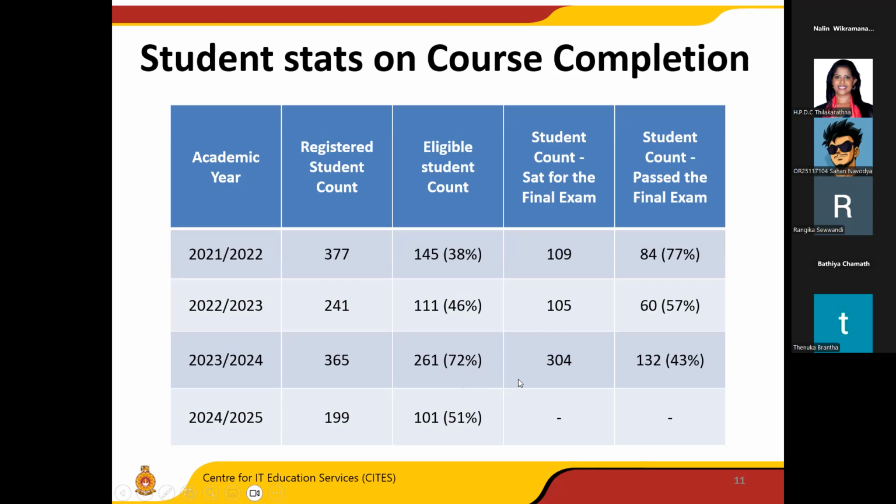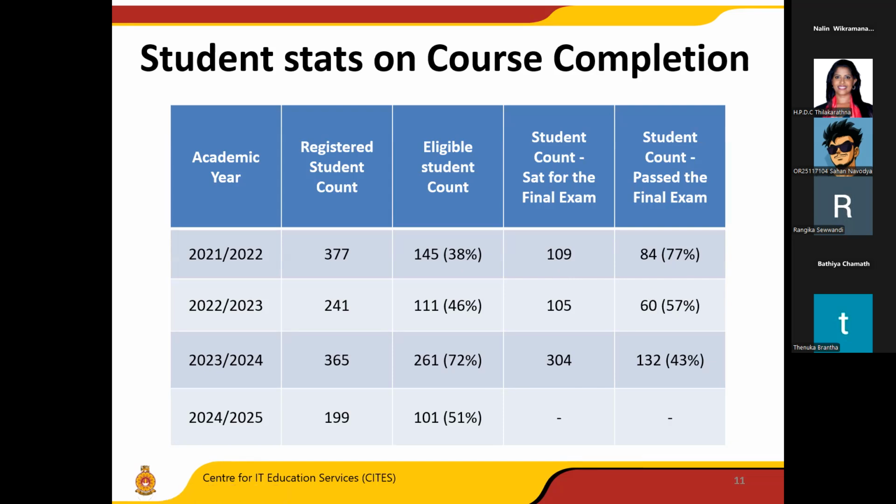When we look at the students who actually sat for the exam and passed, the percentages were 77, 57, 43. So you can see this has decreased.